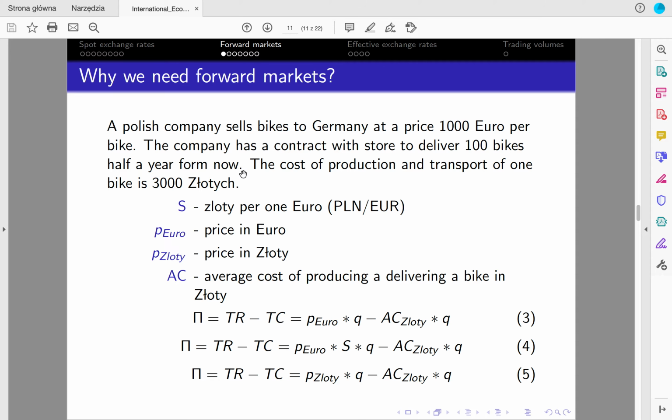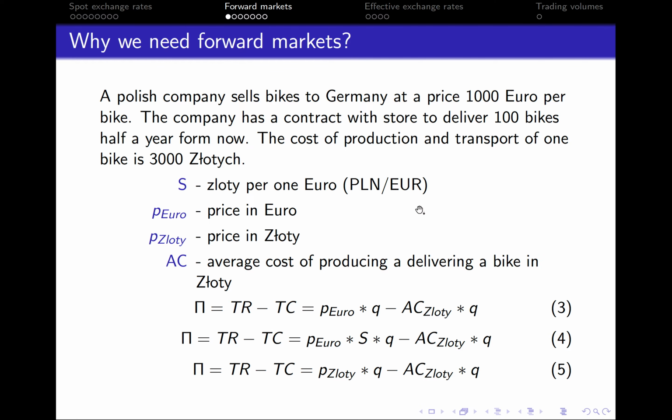Okay, so in this situation, the Polish company needs to produce bikes now, deliver them half a year from now, and the company is going to be paid 1,000 euro per bike, but half a year from now. Okay, now let's just say that the cost of production and transport of one bike is simply 3,000 zlotych.